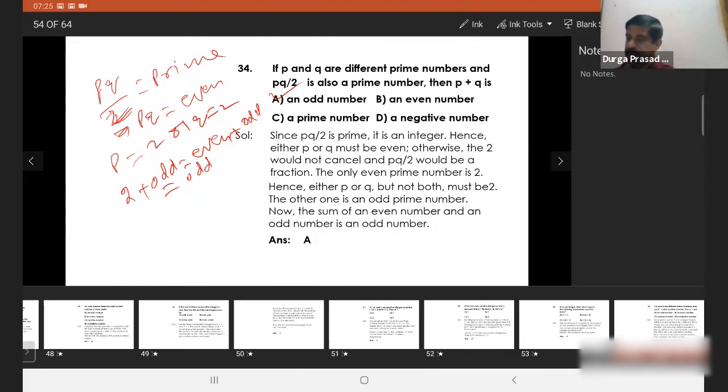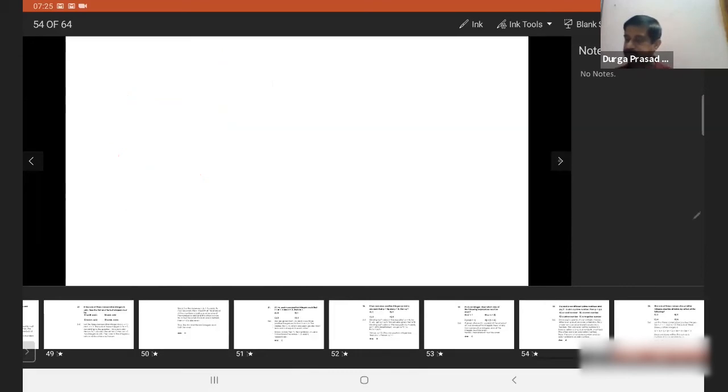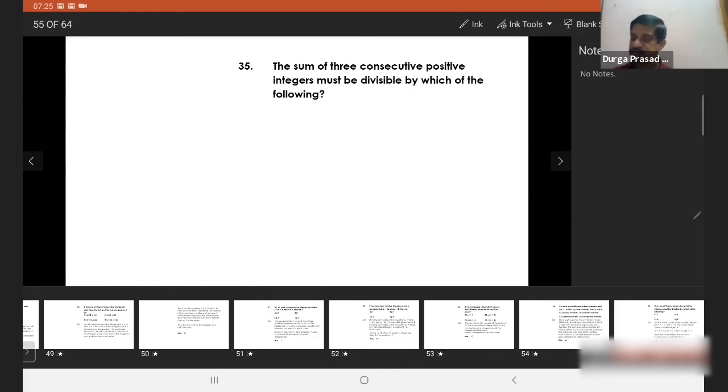Okay, so let us go to the next question. Now look at this. The sum of three consecutive positive integers must be divisible by which of the following? See, this I told already. N, N plus 1, N plus 2. These are the things. So if this is odd, even, odd, compulsorily in this 1 will be a multiple of 3 and again 2 you have, so it should be divisible by 6.